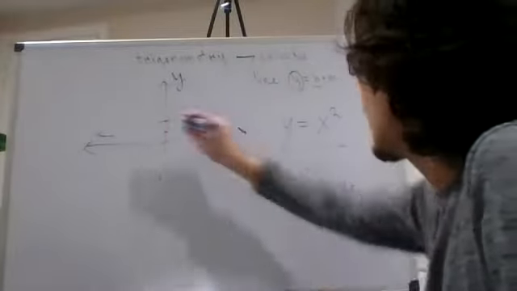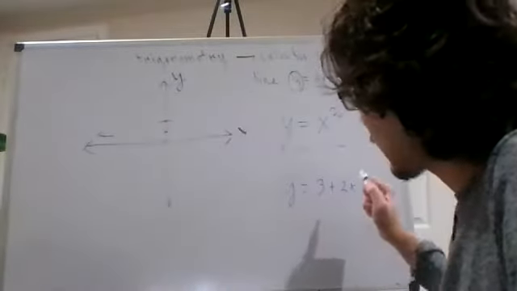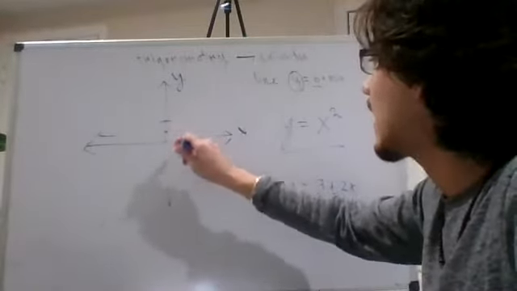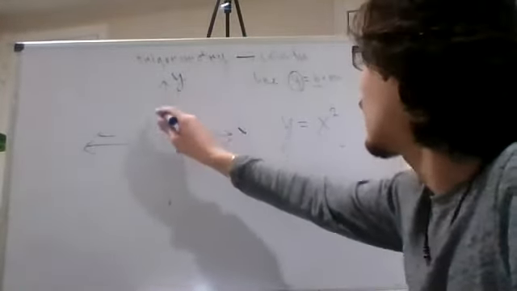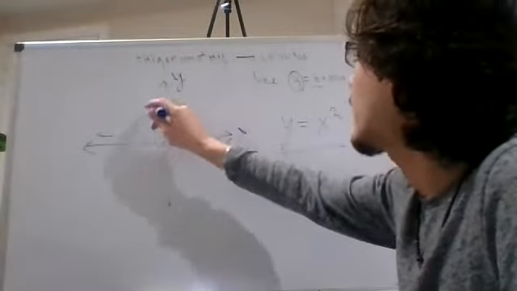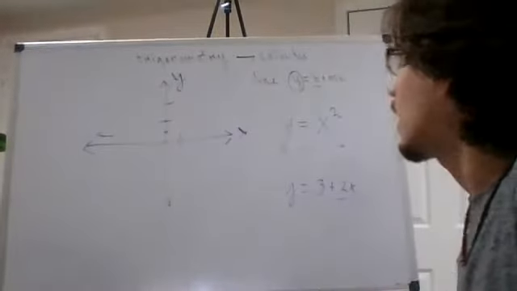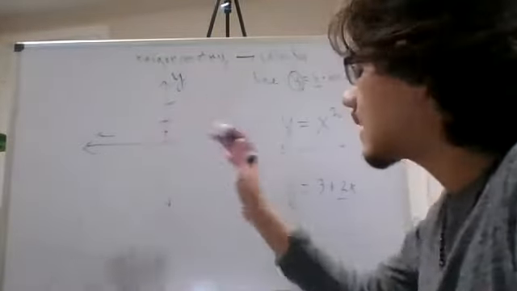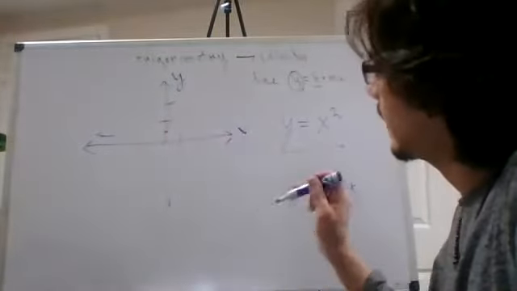And we can say that as we go over 1 on the x, we go up 2 on the y, because that is what our equation tells us.